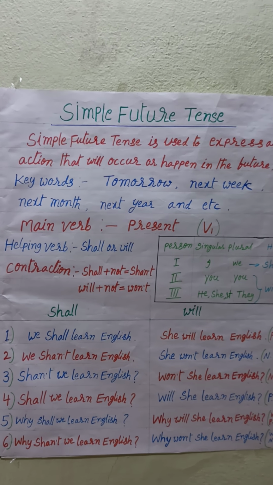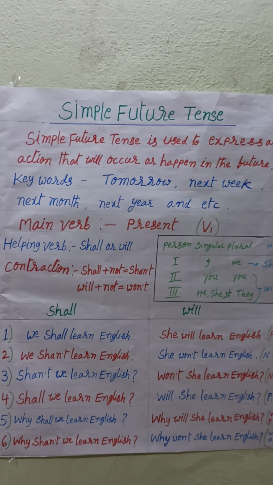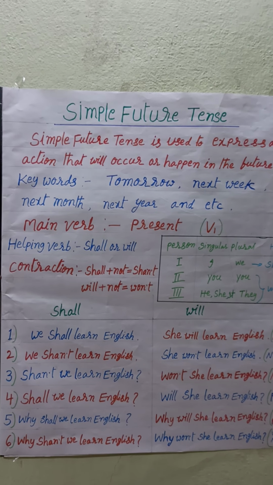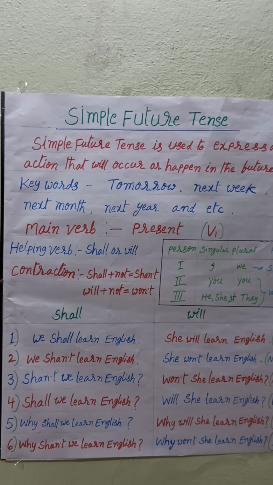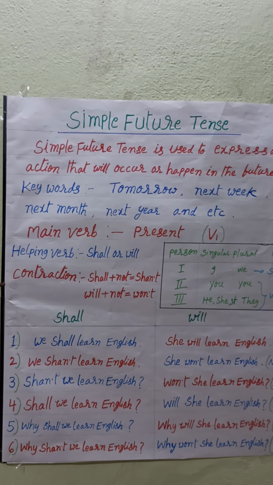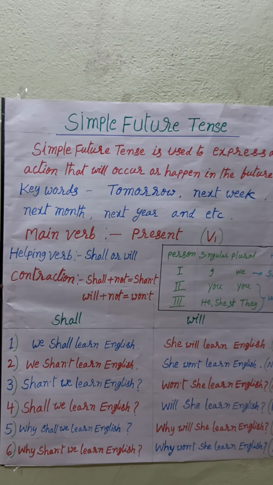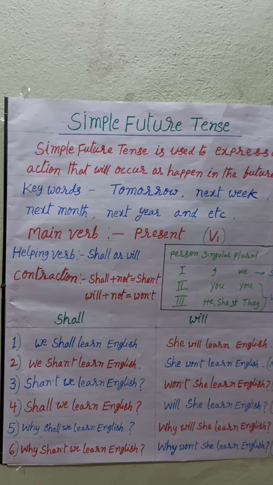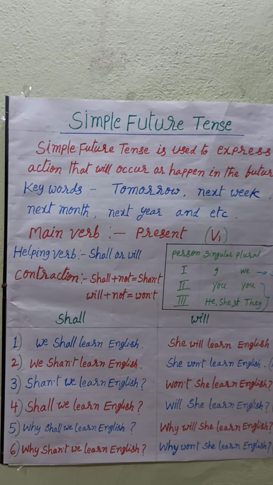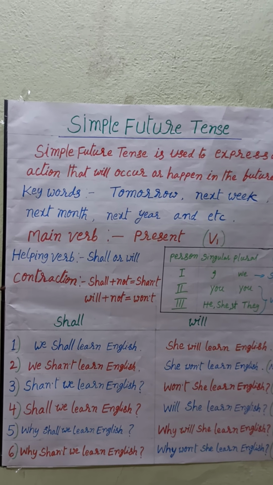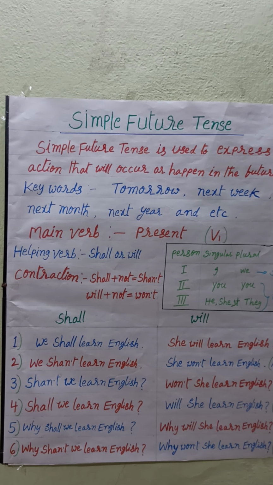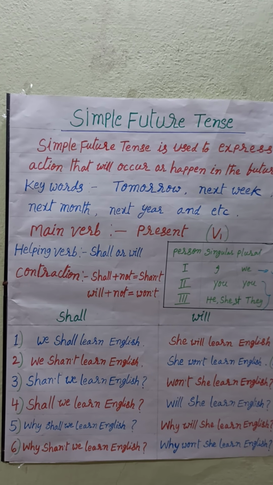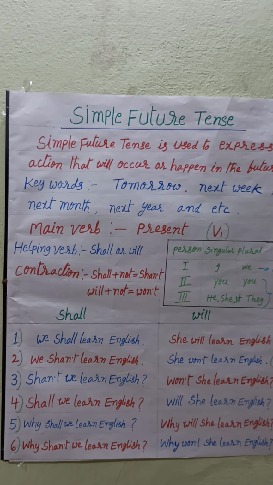Now we are learning simple future tense, so we use only normal feature. So we write here shall only. We shall learn English. We is first person, so we write helping verb shall.